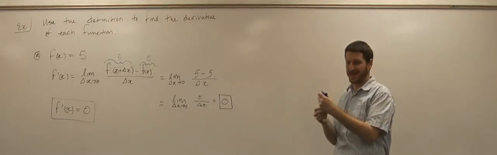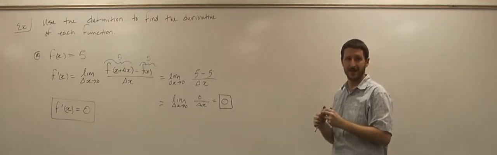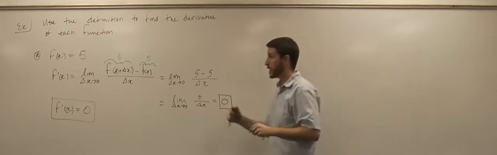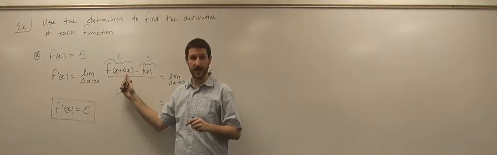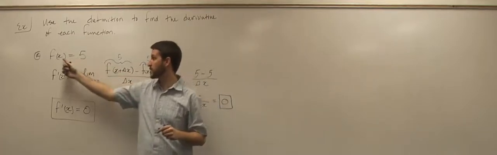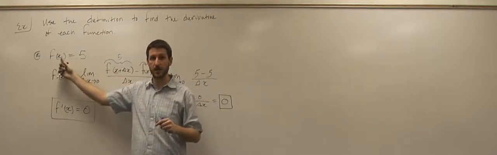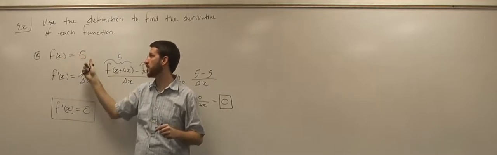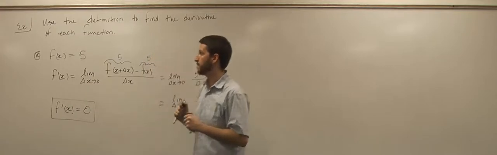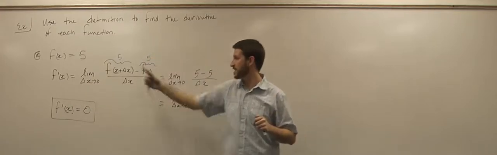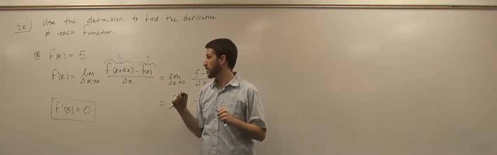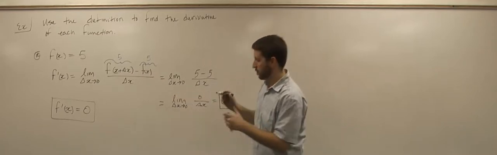Question: when you plug in for the first one, is it 5 plus delta x, or is it just 5? Well, first of all, I'm plugging in x plus delta x, and it's still just 5, because there's nothing to plug in on the other side. Why is f of x plus delta x equal to 5?